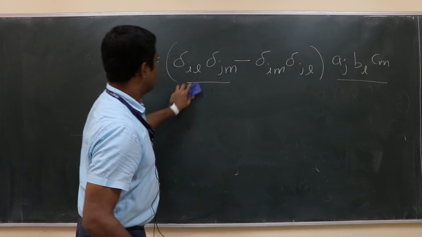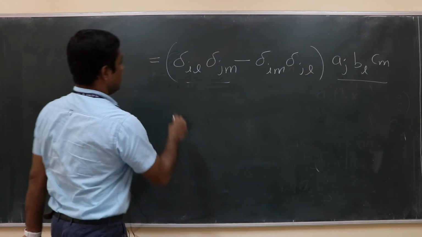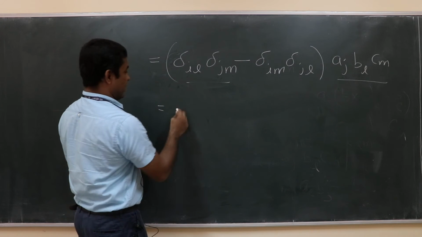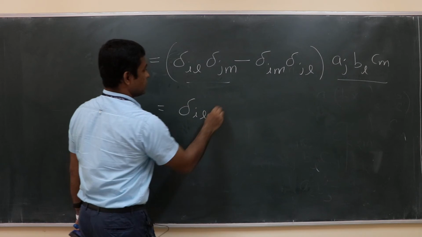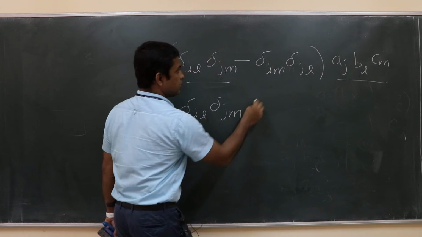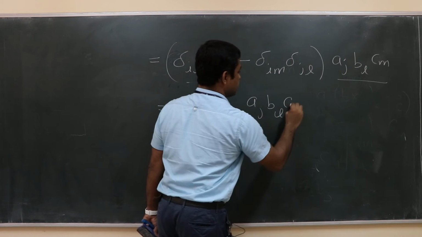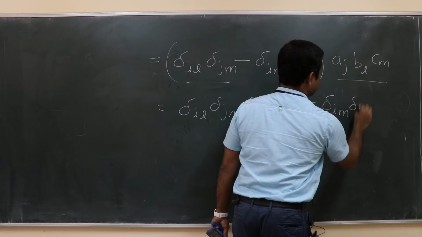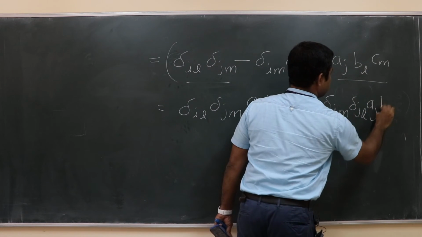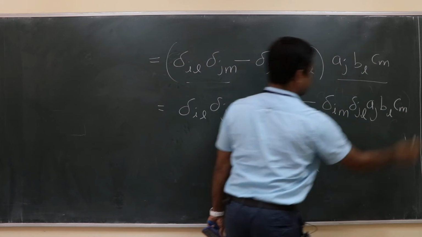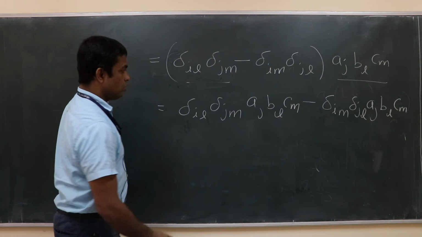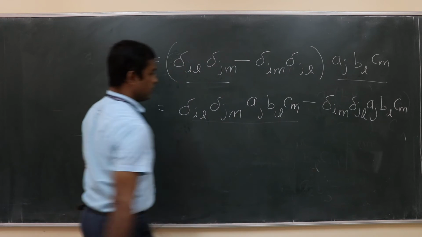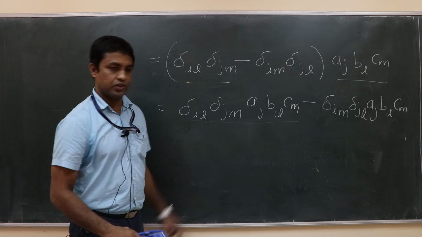So let me write this down explicitly because I don't want to do it directly: delta IL delta JM Aj Bl Cm minus delta IM delta JL Aj Bl Cm. Now look at this expression. Can I remove these deltas?